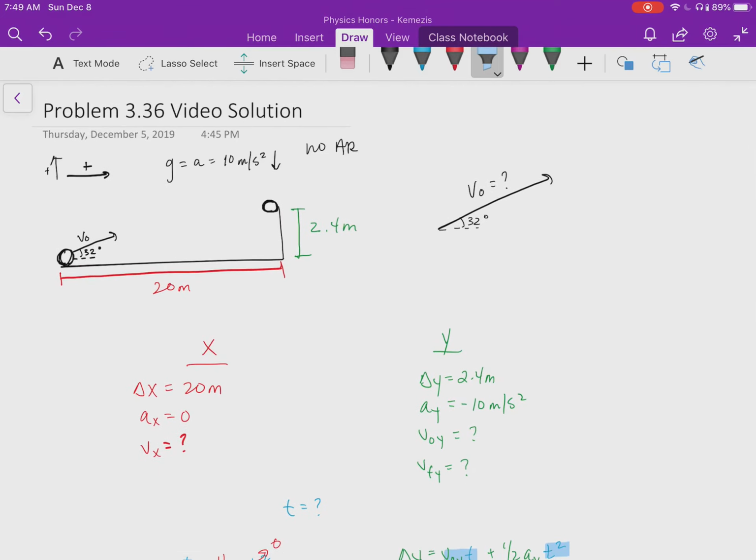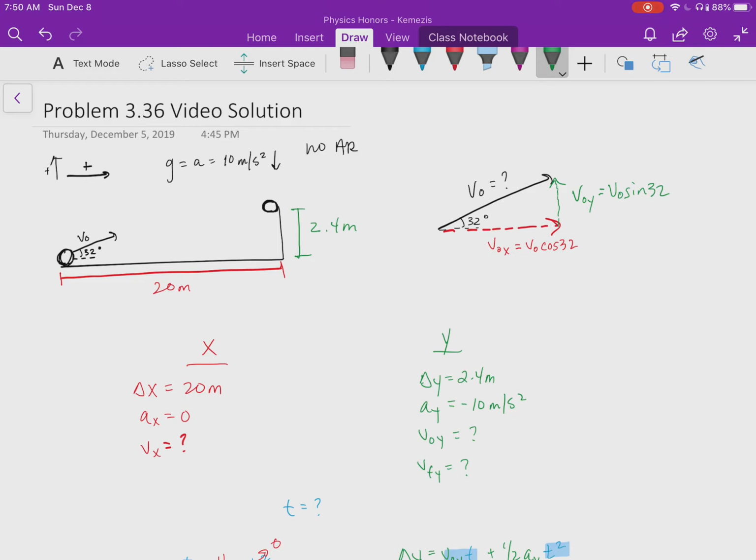That's where it's important for us to recognize that when we are looking at components, this is our v naught y, this is our v naught x. You're right in calling them v naught x and v naught y, but because we know the angle, we do know a little bit more information about these components. I would say v naught x is actually going to be whatever the velocity is times the cosine of 32, and whatever v naught is, we would multiply it by the sine of 32 to figure out the v naught in the y direction.